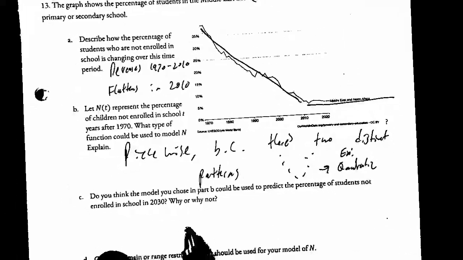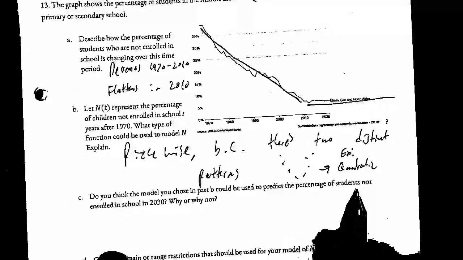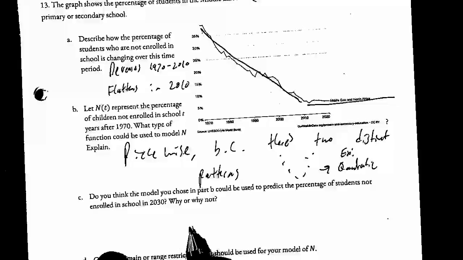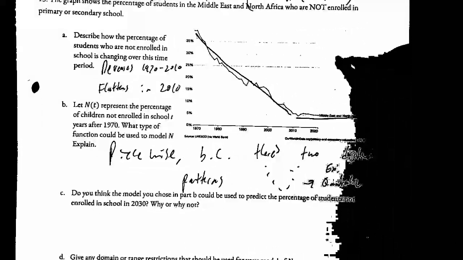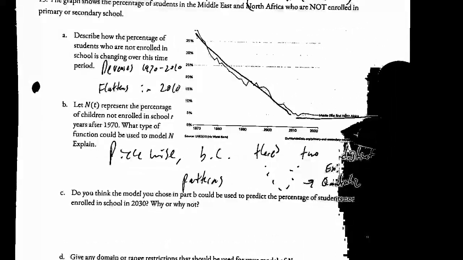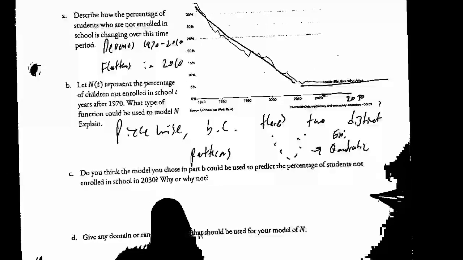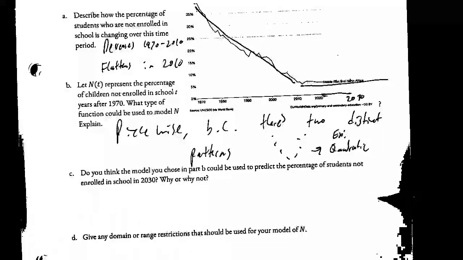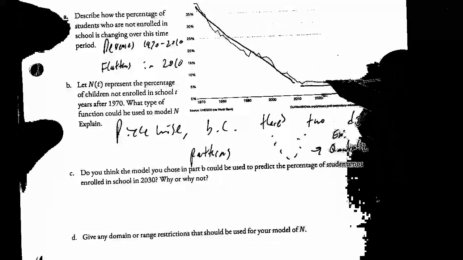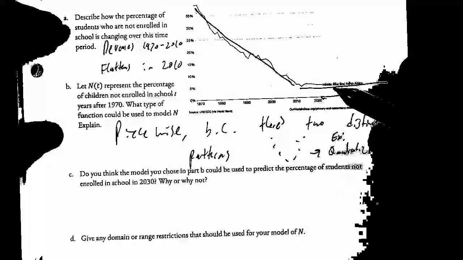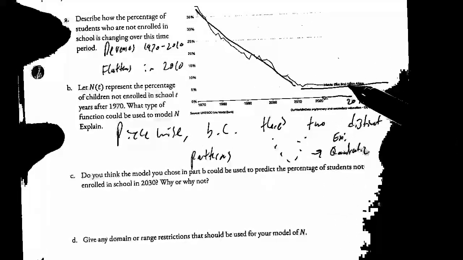Do you think the model we chose in part B would be good in predicting the percentage of students not enrolled in school in 2030? So basically what that's asking is, is this going to continue if we think about 2030 over here? Is it just going to stay flat? I think this is up to your interpretation, and I would accept it if you had a good argument, yes or no. I think we would hope that this is going to come down closer to 0, but also it looks like the trend is flat.